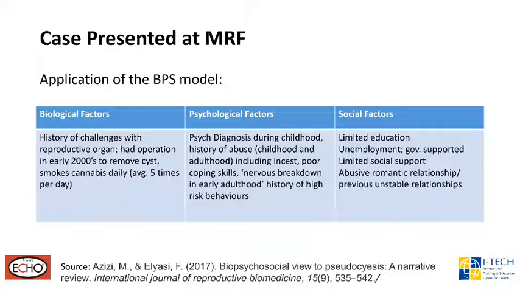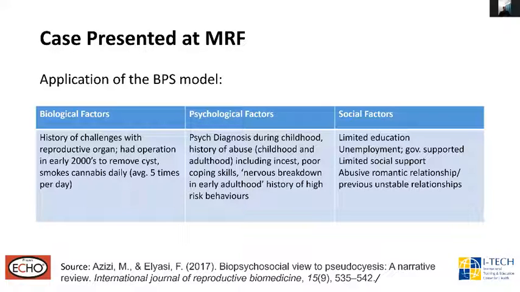So this slide applies the biopsychosocial model to this case that I just mentioned of the 35-year-old female presenting with pseudocyesis. Like I said, there are several factors that contribute to the development and management of any disorder, particularly mental health disorders. The biological factors were the history of challenges with her reproductive organs.